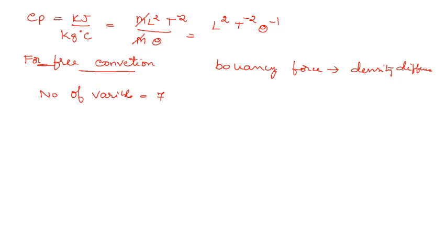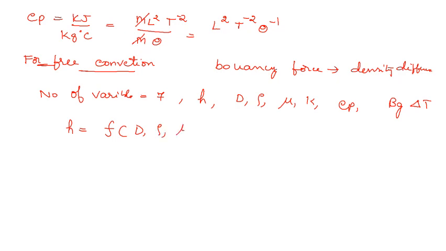Because h is the one heat transfer coefficient to be found out, and for heat transfer coefficient the functions are diameter, rho, viscosity, thermal conductivity, Cp, and, as we just told, the buoyancy force, which is given as Bg delta T. So here I can write h is a function of diameter, density, mu, K, Cp, and buoyancy force.